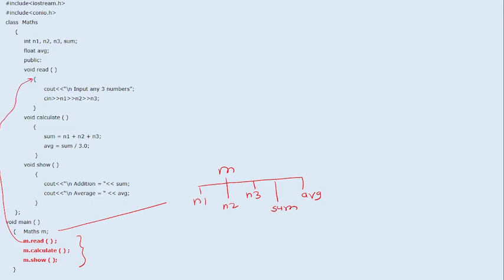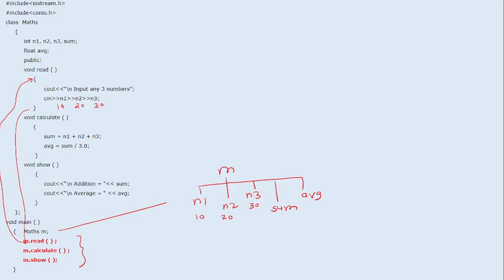Input any three numbers; the screen will give you a blinking cursor. You have to input three numbers. If you input 10, 20, 30, 10 will be given to n1, 20 to n2, and 30 to n3, but they are of m because we are calling this for m. So it gives you 10, 20, 30 here. At the end of the function, it comes back to the calling program.